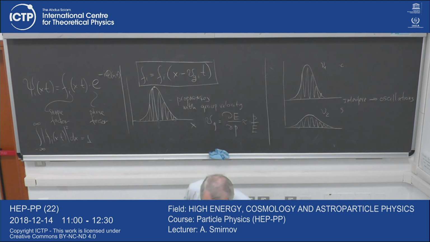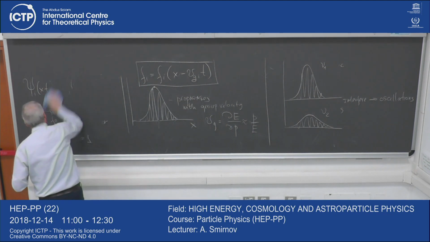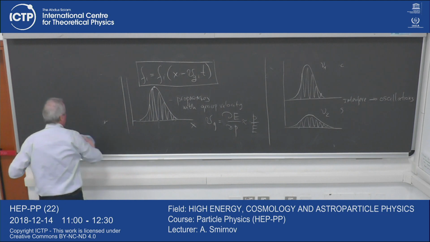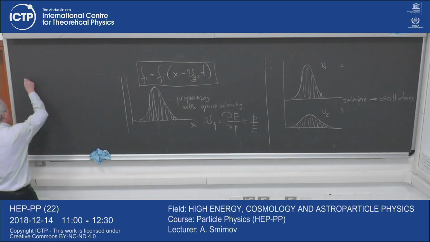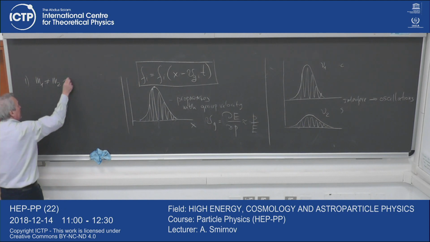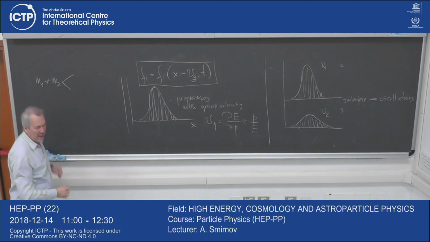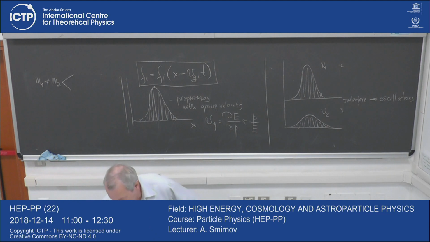And what you have here is the following. Because of the difference of masses, m1 is not equal to m2, that has two consequences. So maybe I should write it here.